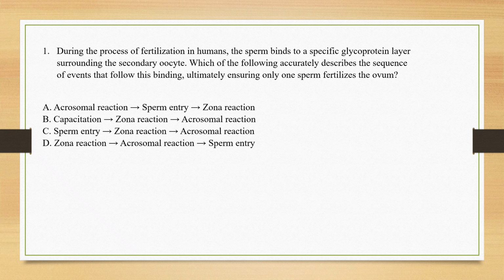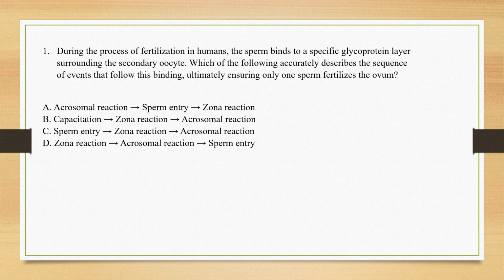First question: During the process of fertilization in humans, the sperm binds to a specific glycoprotein layer surrounding the secondary oocyte. Which of the following accurately describes the sequence of events that follow this binding, ultimately ensuring only one sperm fertilizes the ovum?